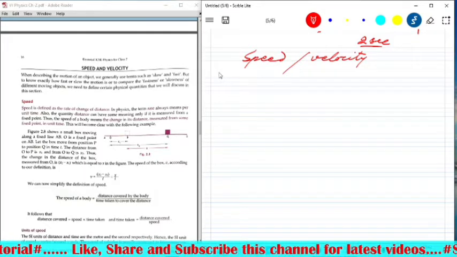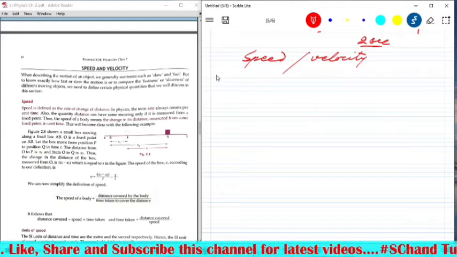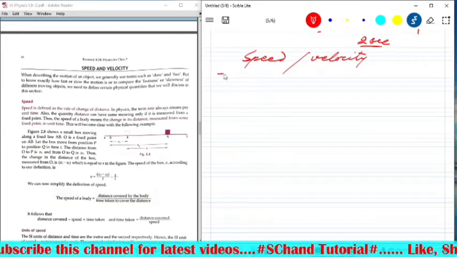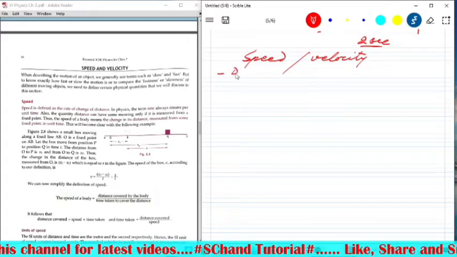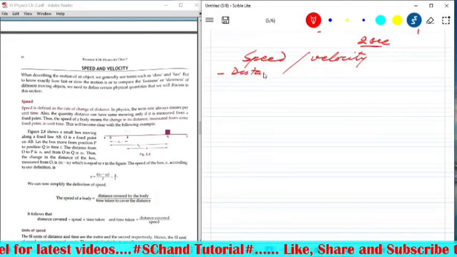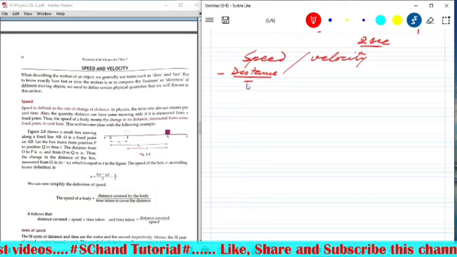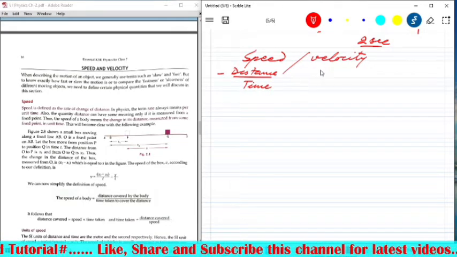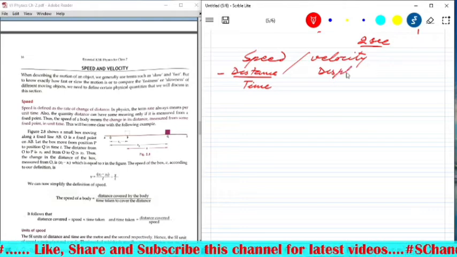Speed is the rate of change of distance, that is, speed is equal to distance over time. And velocity is the rate of change of displacement, so it means displacement over time.